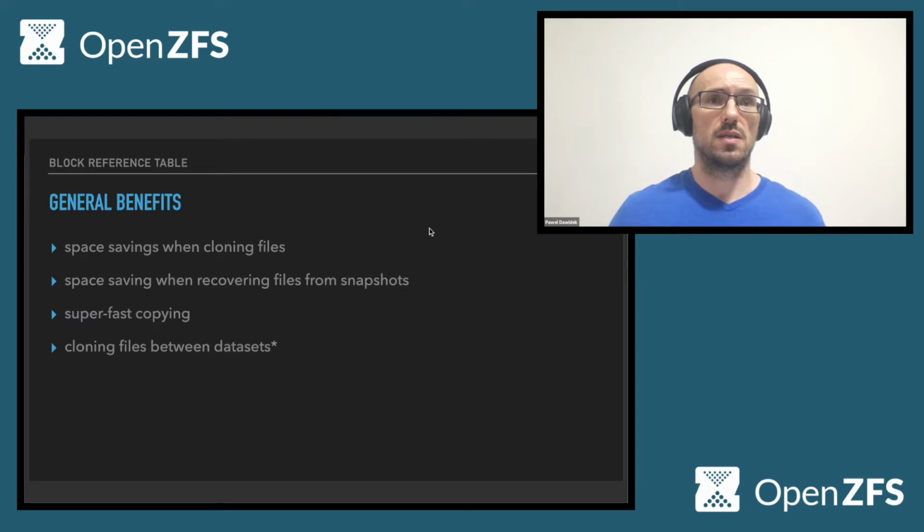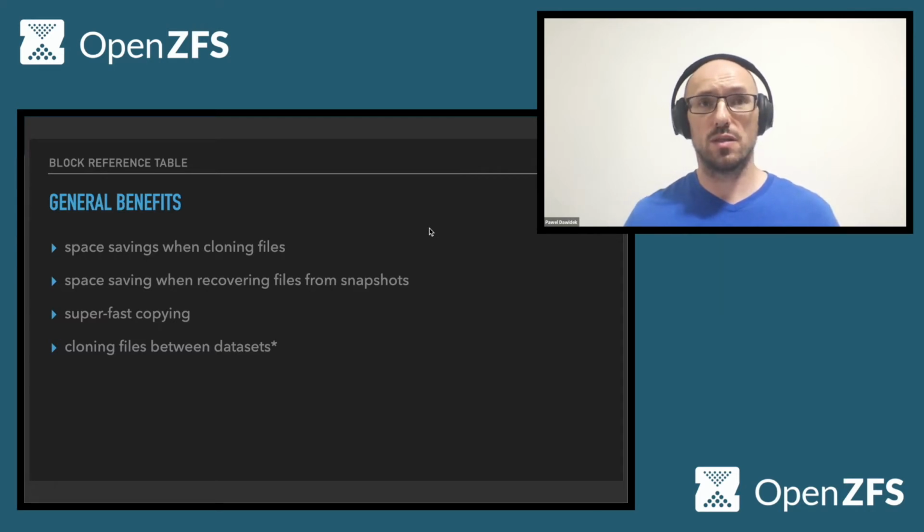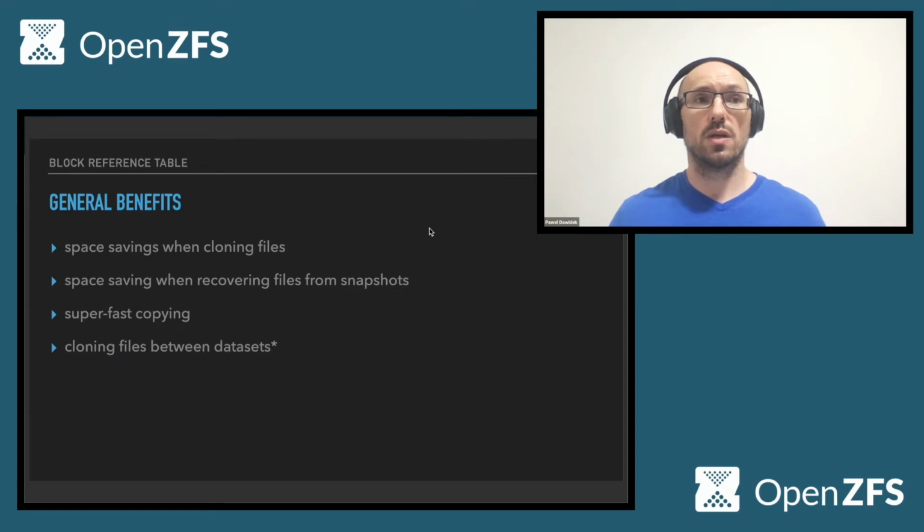Also, such a copy will be super fast. If you clone a file, we don't read data blocks. We just read the parent blocks. We just need the block pointers that will be cloned. So we read and write only a fraction of what is read and written when you do a regular copy.